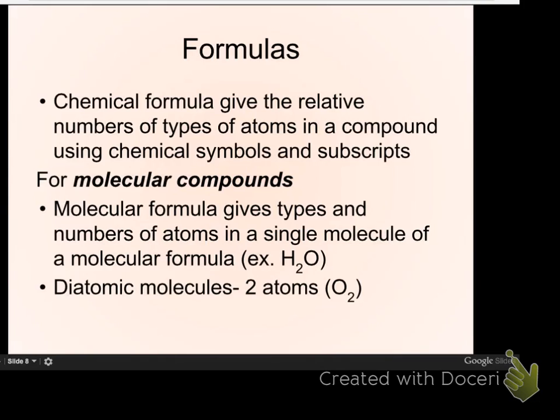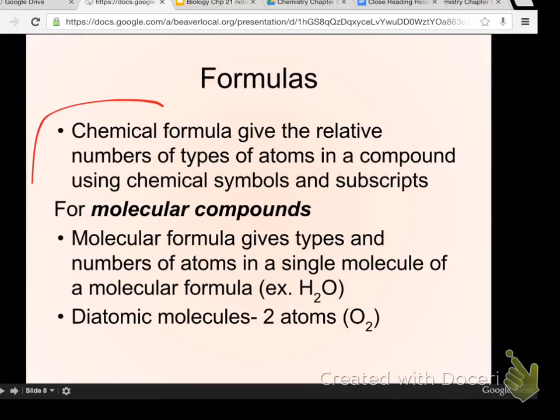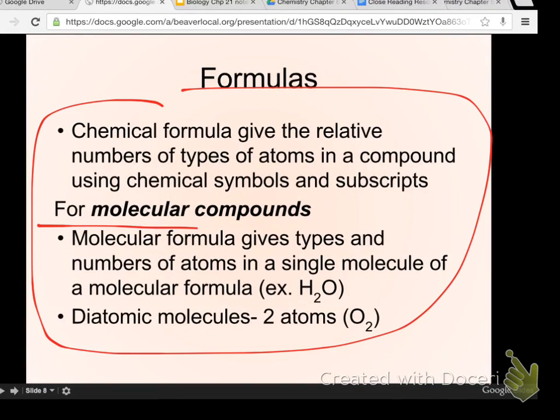Jumping back, I do apologize. We will start working a little bit in this chapter, but a lot in the next chapter with chemical formulas. And for molecular compounds, remember molecular compounds are held together with what kind of bonds? Covalent. They form molecules, yes. So molecular compounds are made up of molecules.